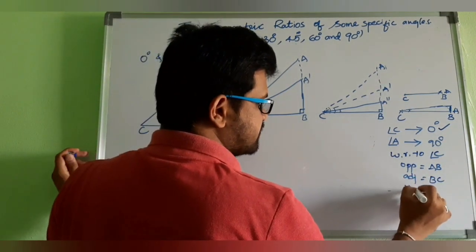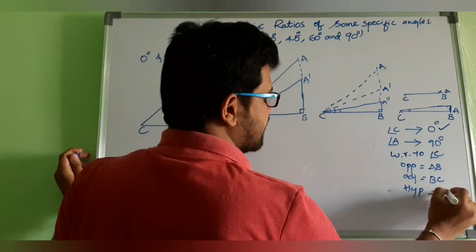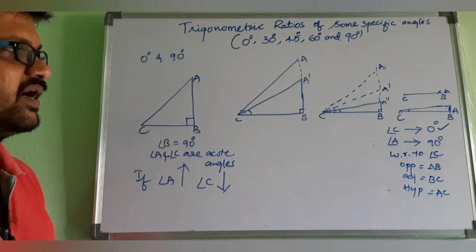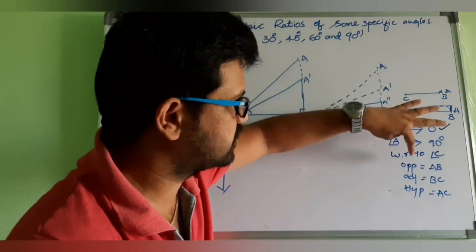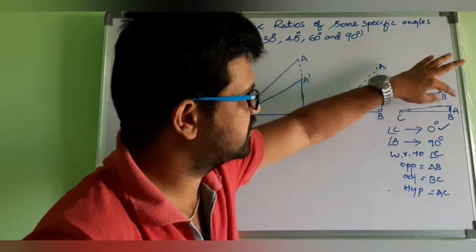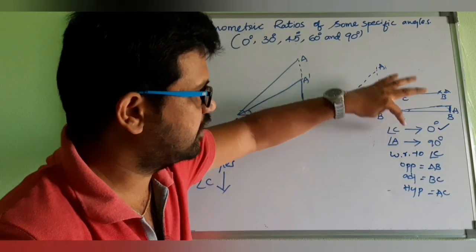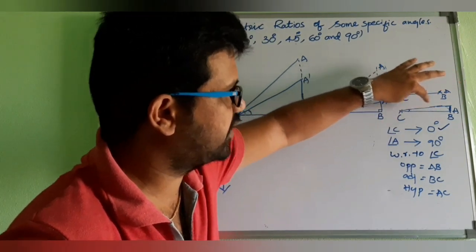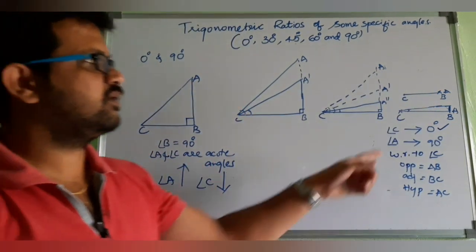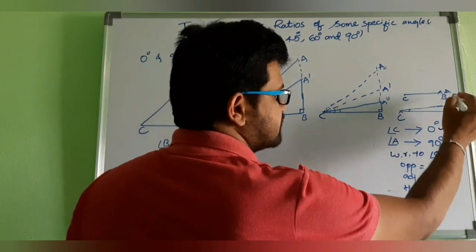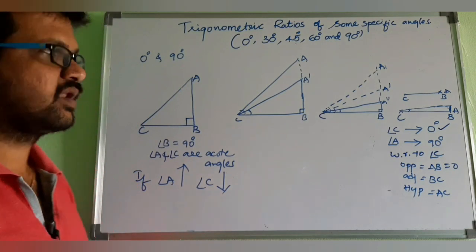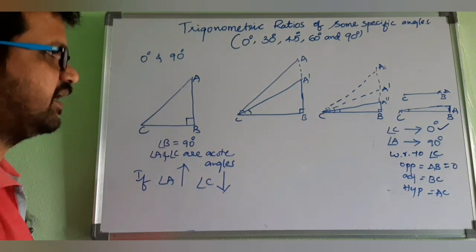And the hypotenuse is AC. For your understanding, I am writing clearly with respect to angle C. Here AB is 0 because A and B coincide. Angle A is equal to angle B, 90 degrees.